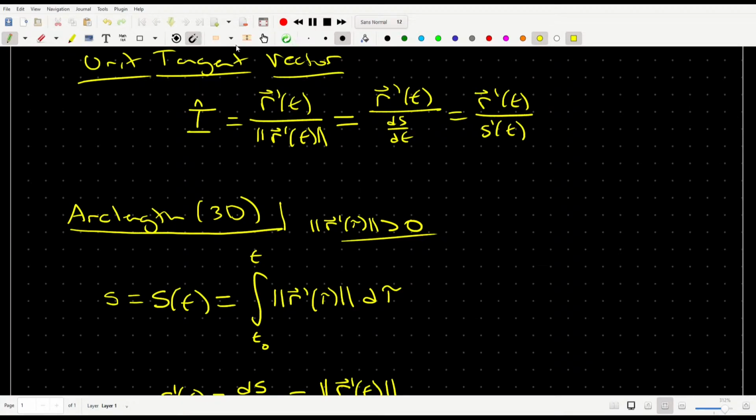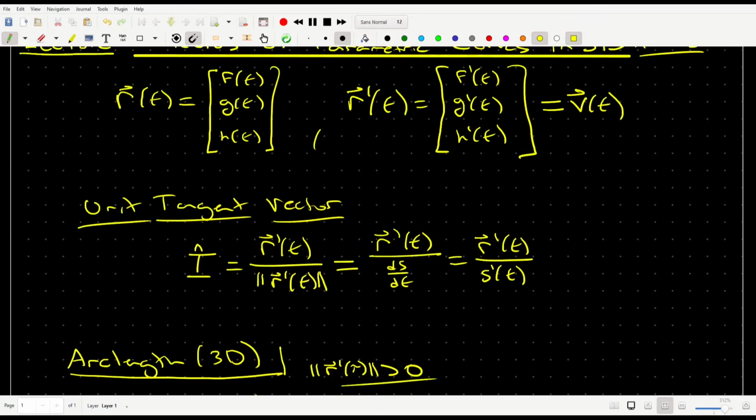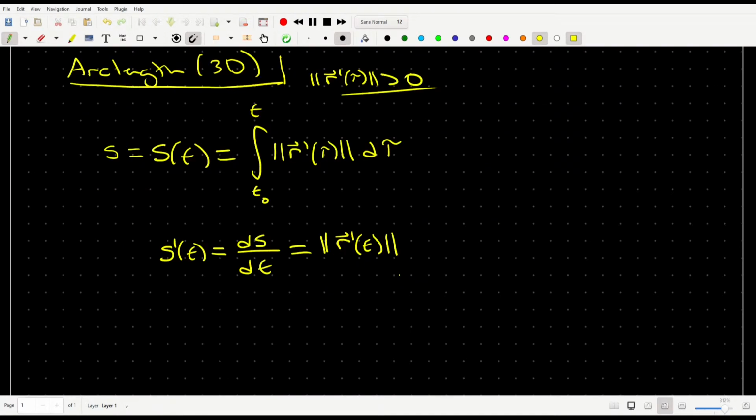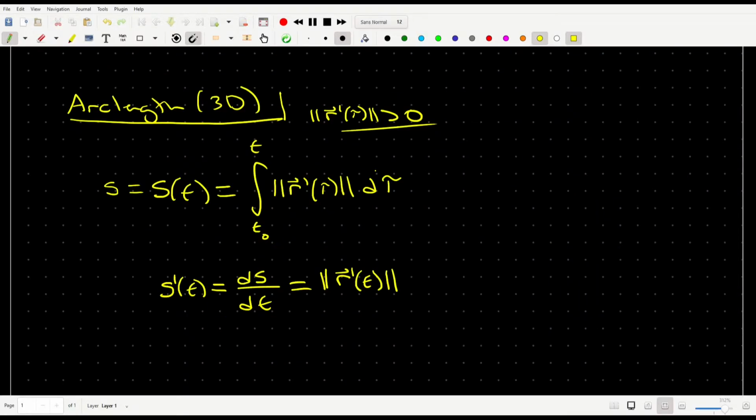So these ideas, the unit tangent vector, the arc length, and the fact that the derivative of arc length with respect to the parameter t is the magnitude of velocity, will be very, very helpful for us a little bit later on in the lecture when we talk about acceleration. But this is just kind of a summary of some of the topics that we talked about in the last lecture.